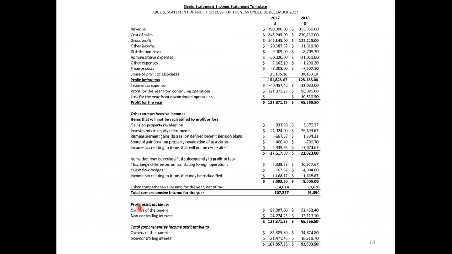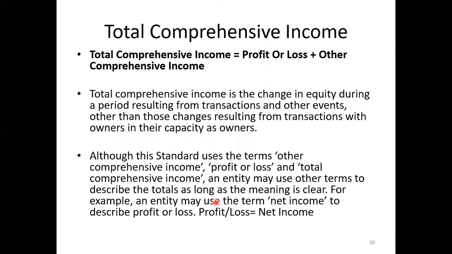In simple terms, in two statements, the first statement displays up to this point, and the second statement starts from this row. I think that's clear. Total comprehensive income equals profit or loss for the period plus other comprehensive income.